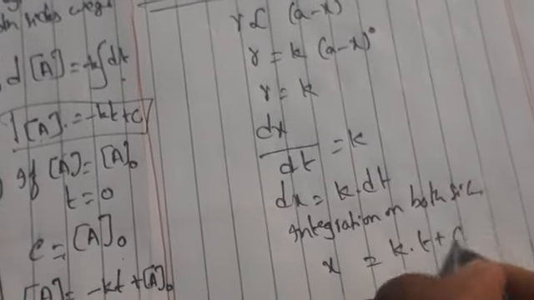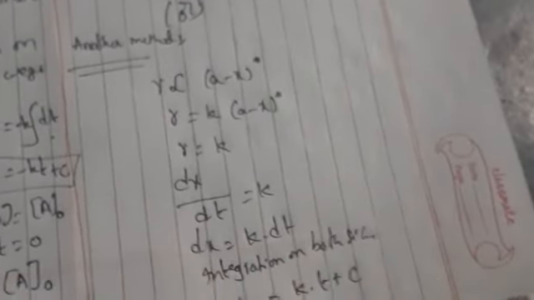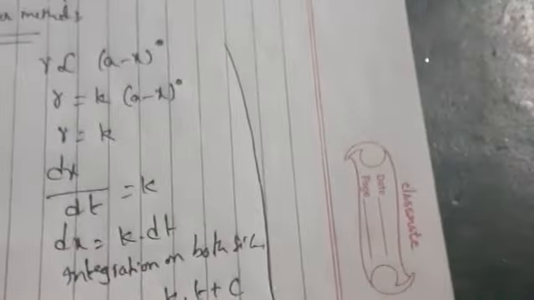We are getting x is equal to K into T plus C. Let us assume if x is equal to 0 at t equal to 0, then this equation becomes 0 plus 0, so C is equal to 0.